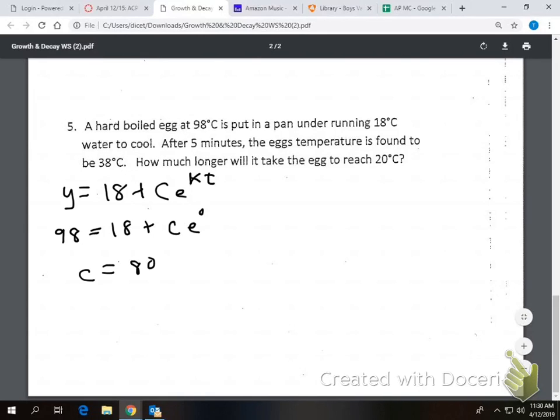So now we have the equation, Y equals 18 plus 80 e to the kt. After 5 minutes, the egg temperature is 38. 38 equals 18 plus 80 e to the, what did I say that was, 5 minutes? So 5k.